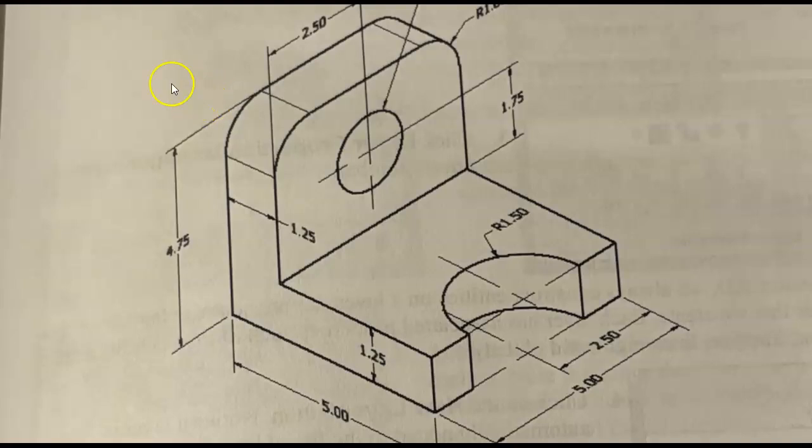Just out of curiosity, I'm going to hit the undo button here, and we're going to change so that we see the interaction of the ISO draft. We're going to change that to ISO draft top. So we're going to see if there's any difference here. Now let's hit the copy button again. Select those 4 entities, hit enter, come down and select the base point.